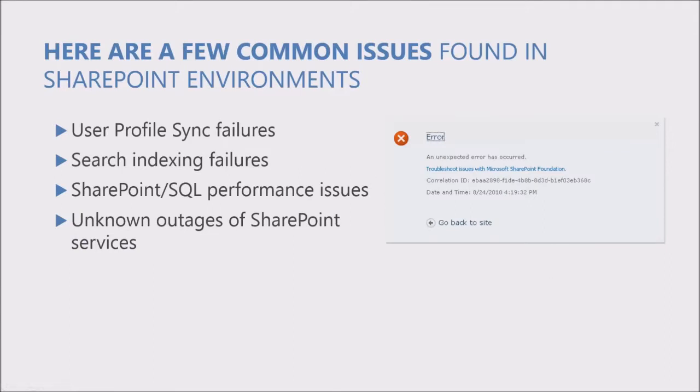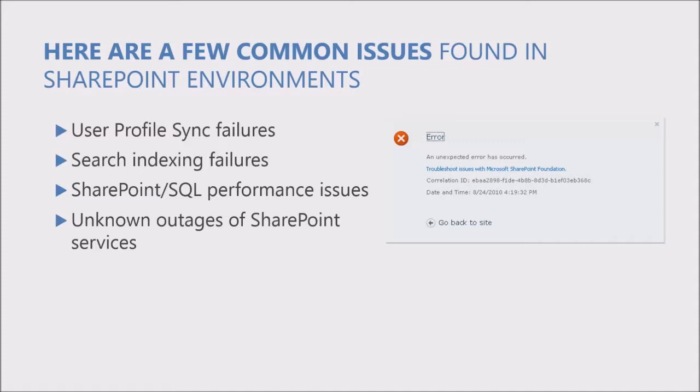There are a few common issues that are found in SharePoint environments when performing a health check. One of the common issues is that the user profile synchronization service is not completing correctly and failing. This can be because of incorrect permissions on the Active Directory sync account, or that the SharePoint sync service has stopped within SharePoint.